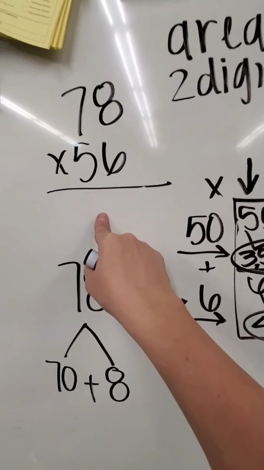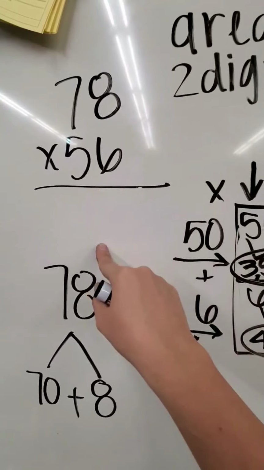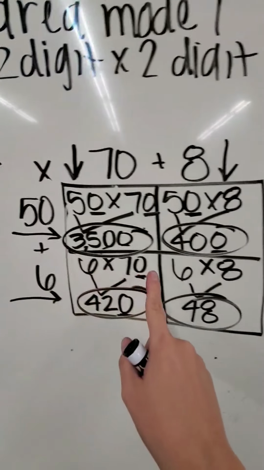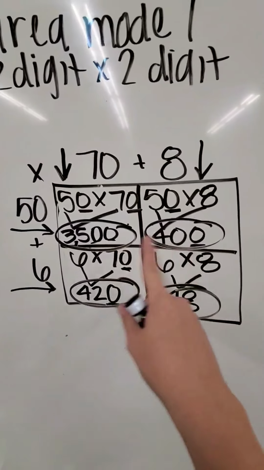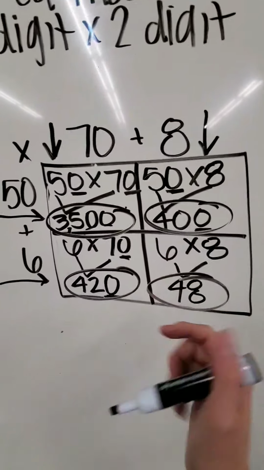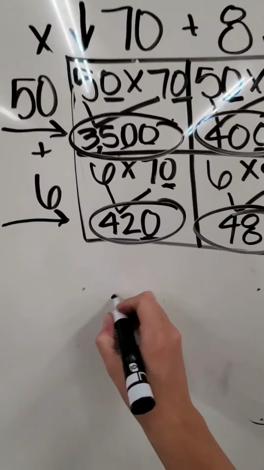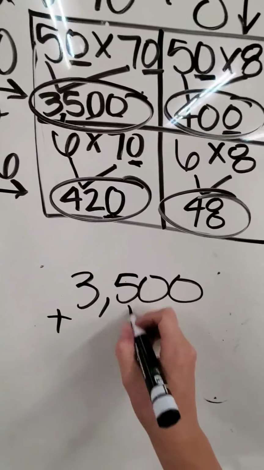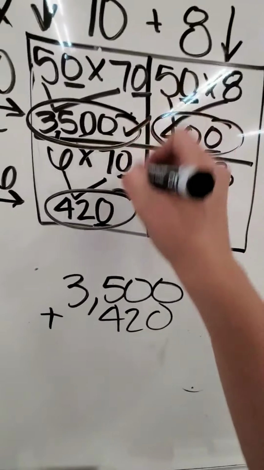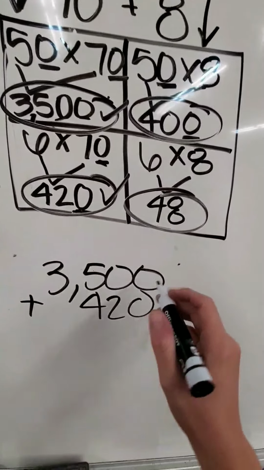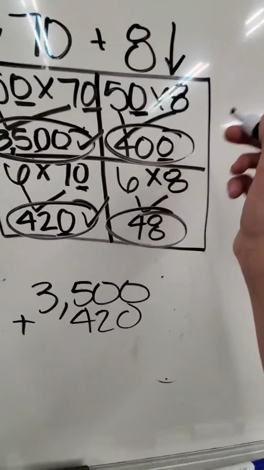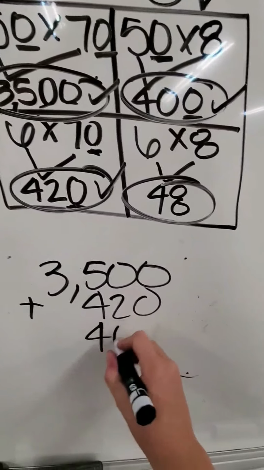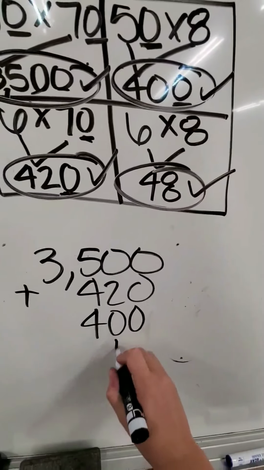A product is what a multiplication equation equals, so all of these are part of what my whole thing is going to equal. So now I have to add it all together. I've got 3,500. I'm going to add it to 420, and I check these off as I go so that I'm keeping track. And then I didn't do 400 yet, so I'm going to add 400. And I didn't add 48 yet, so I'm going to add 48.